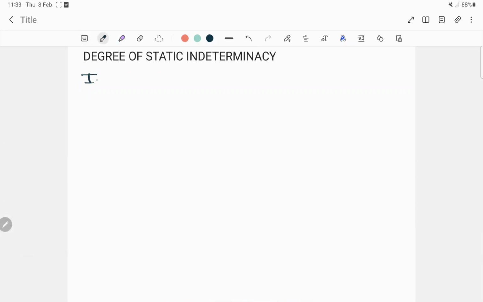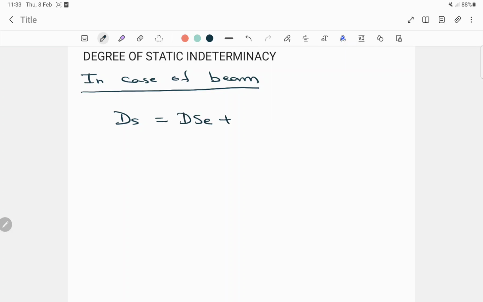So in case of beam, we have a formula for finding the degree of static indeterminacy for beam, that is Ds is equal to Dse plus Dsi.